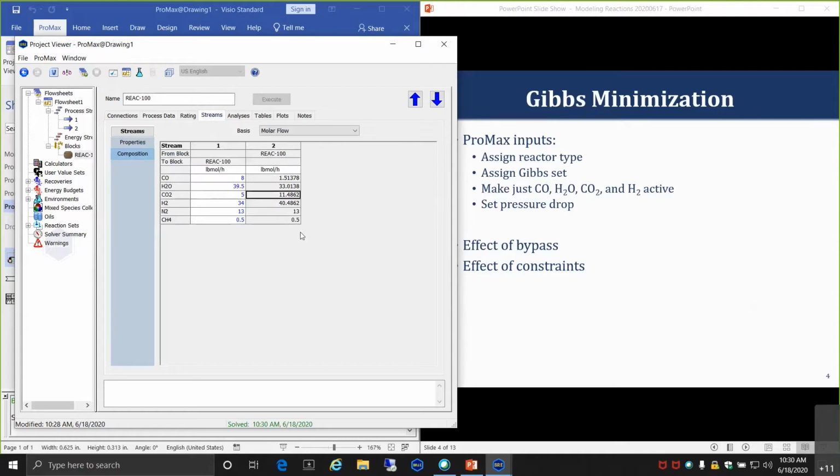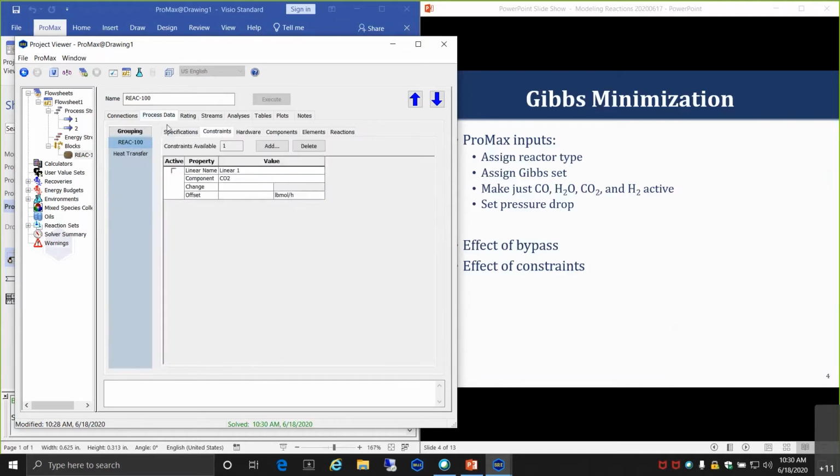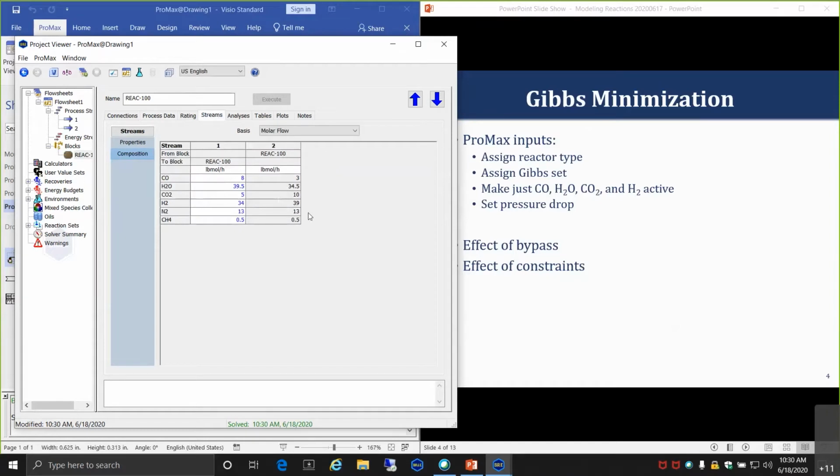At the equilibrium point, it's saying that we have about 11.5 moles of CO2 coming out. So I could come in here for my CO2 component, set my offset here, and I can make it either more or less than that amount. So I could say that I want it to be 10 pound moles per hour exactly. And so now, when I run this, my outlet is going to be 10 pound moles exactly of CO2.